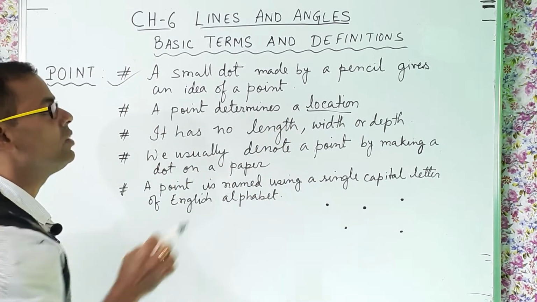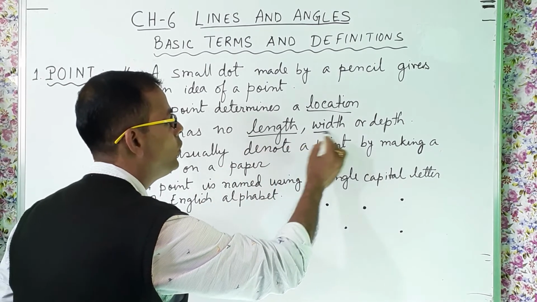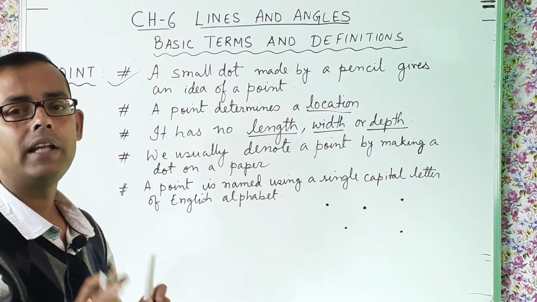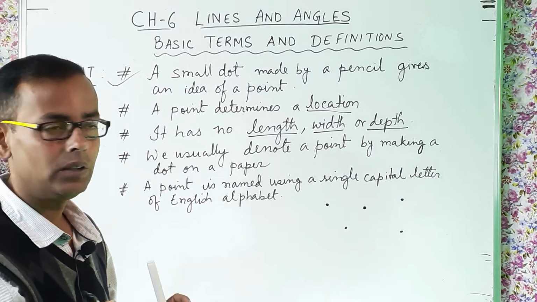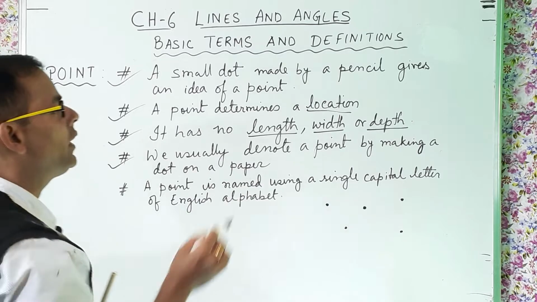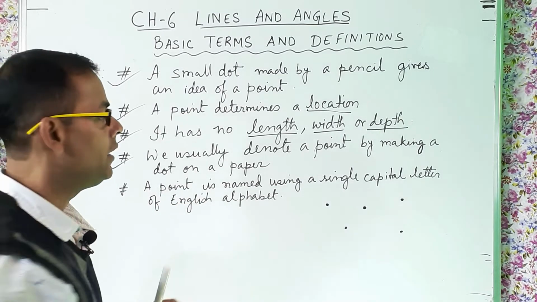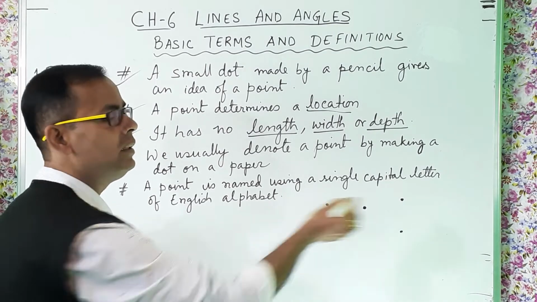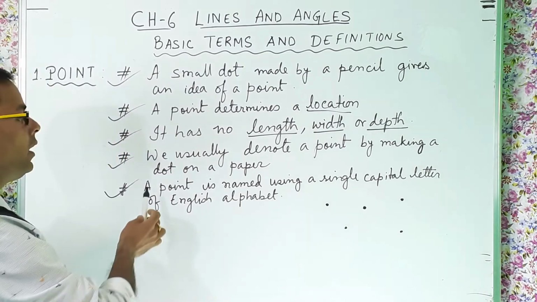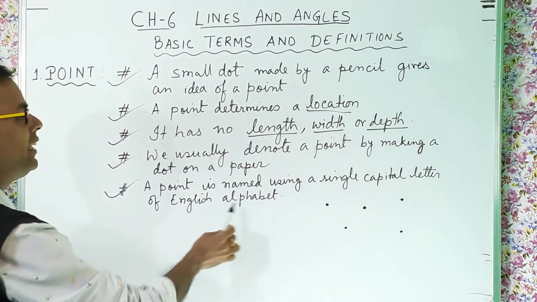Third, it has no length, no width, no depth. Depth means you can say height also. That means length, breadth and height are not there. Then next, we usually denote a point by making a dot on paper. That means in your copy, if you make a dot with your pencil, that will be representing a point. A point is named using a single capital letter of the English alphabet.